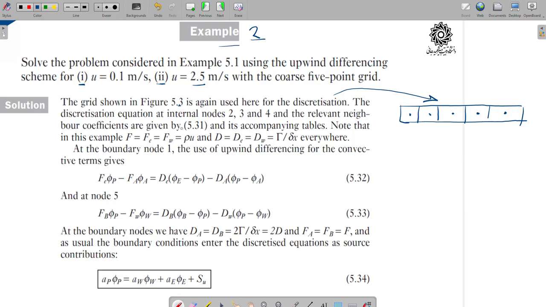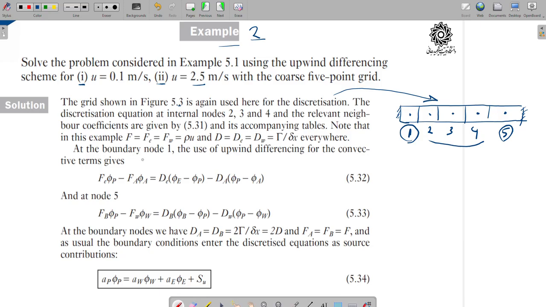For internal cells, cells 2, 3, 4 are internal cells, and cell 1 and cell 5 are boundary cells. The left face and right face of the cells are boundary conditions.